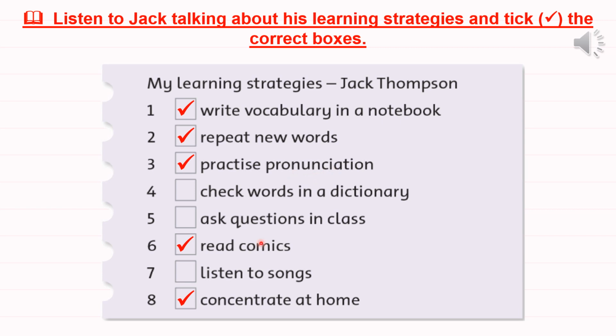And with sentence number 5, Jack doesn't ask questions in class because his friend Ben asks the questions all the time. And he doesn't listen to the songs too. Okay, this is your answer: 1, 2, 3, 6, and 8.